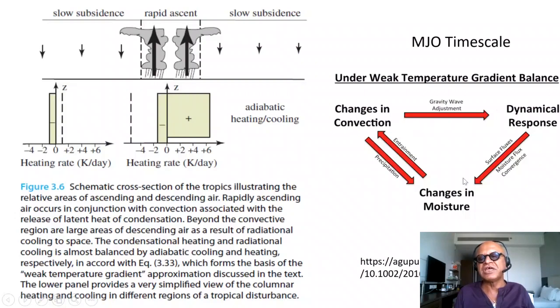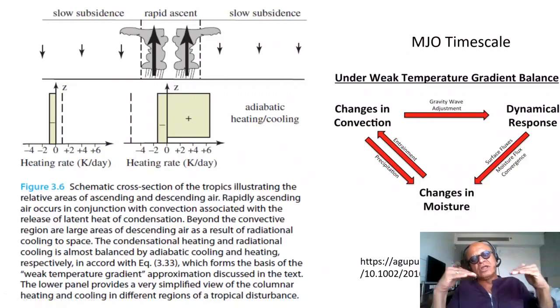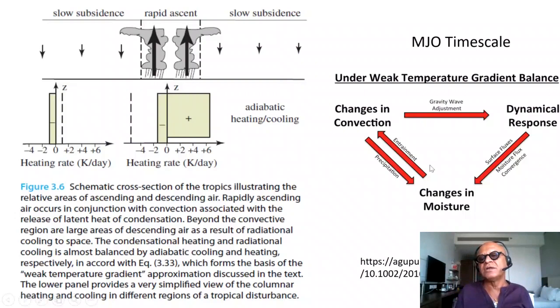So this gives you a sense of how low-level moisture convergence, without saying whether it's happening within the boundary layer or above the boundary layer, relates to upper-level adjustments producing a dynamical response.